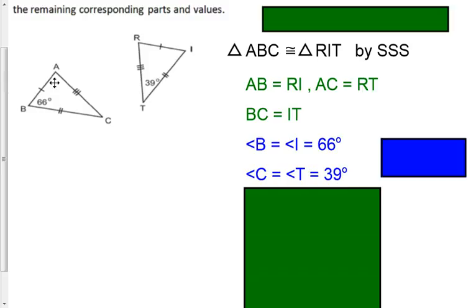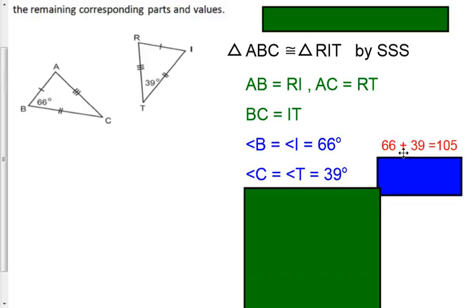Now A and R are in the same spot, but we don't know how big either of those are. They didn't tell us. But we can figure out pretty easily that if this is 39 and this is 66, or if this is 66 and this is 39, then we just have to subtract those off from 180 to find our remaining angle.